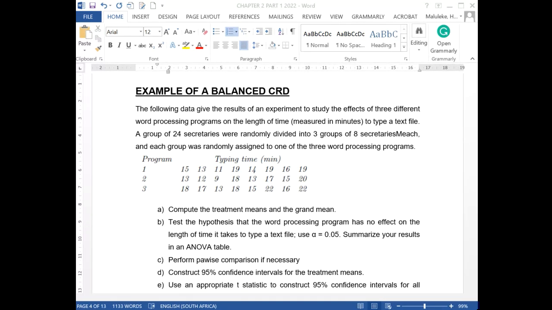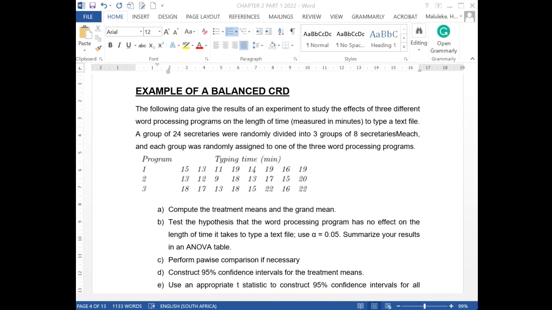So why are we dividing by 3? You divide by 3 because if you want to find the mean, what is the mean of means? How many means did you add? The grand mean is the mean of means.